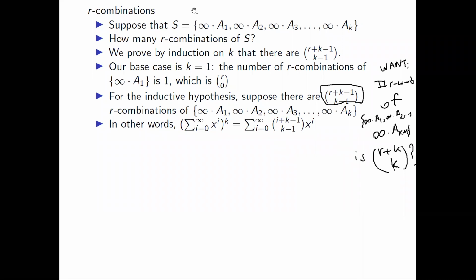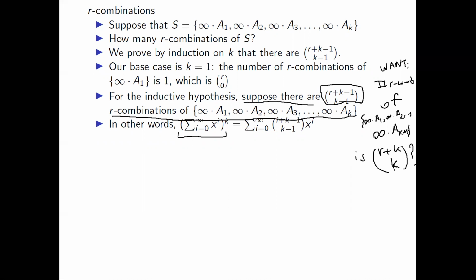Another way to say our inductive hypothesis, that there are r plus k minus 1 choose k minus 1 r-combinations of this multiset, as we've seen on the previous slides, is equivalent to saying that this product, the sum i equals 0 to infinity of x to the i, raised to the kth power, has coefficient of x to the r equal to r plus k minus 1 choose k minus 1.